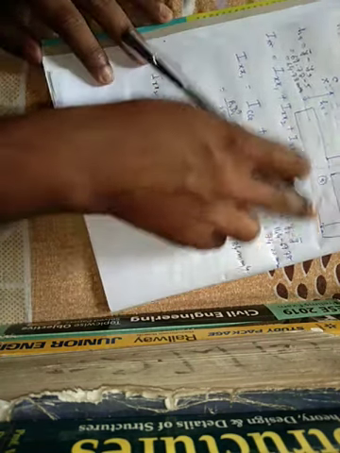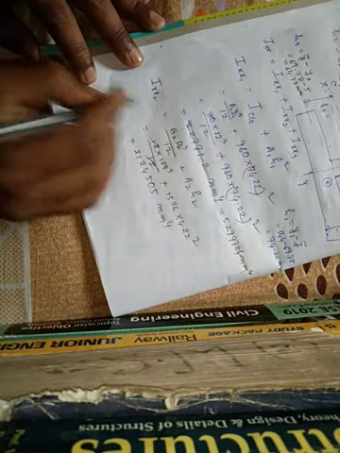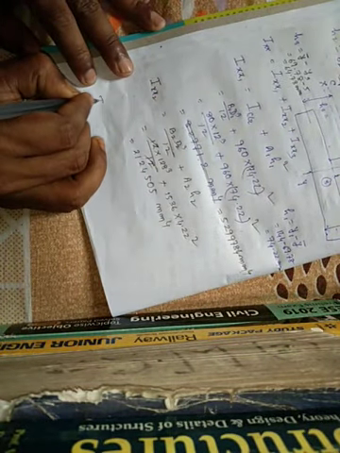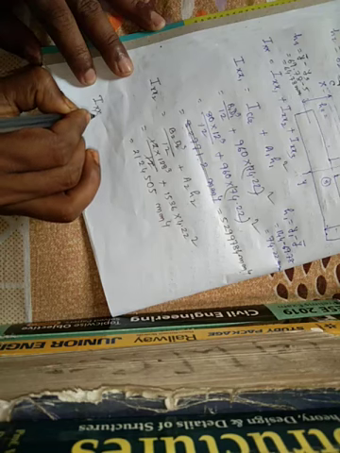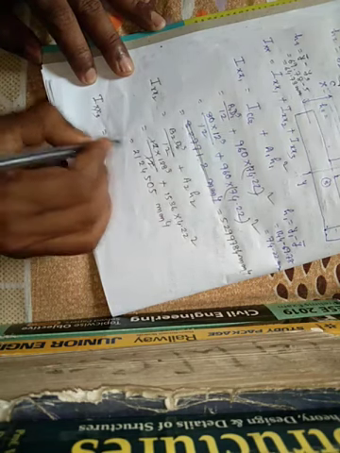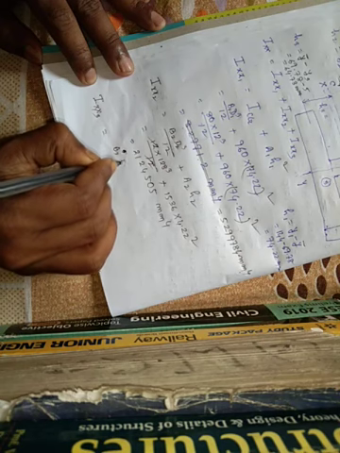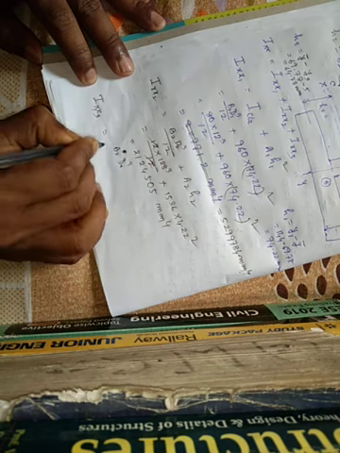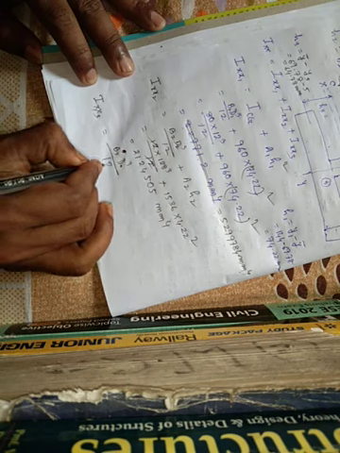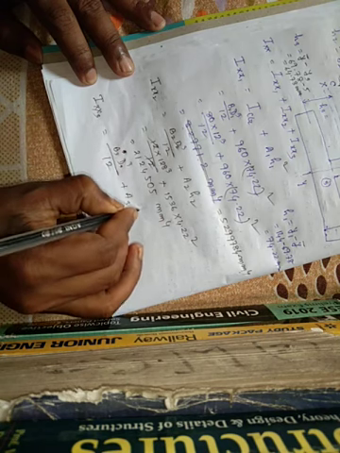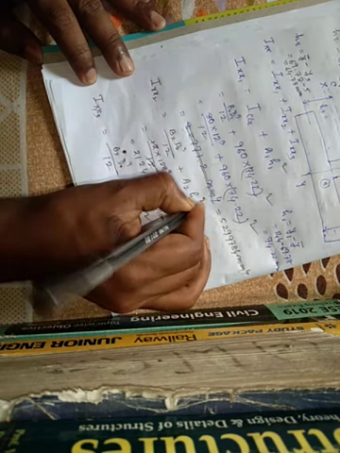Now calculate the moment of inertia of section 3, that means the bottom flange. Ixx3 is equal to b3 into d3 cube divided by 12 plus a3 into h3 square.